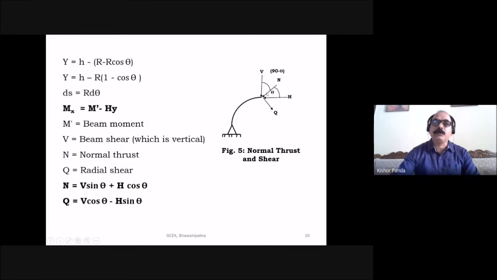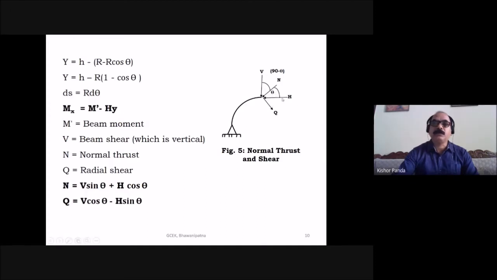So just resolve these 2 forces along this direction, Q. The component of V along the radial shear direction is V cos theta, and the component of H along the radial shear direction is H into sin theta.